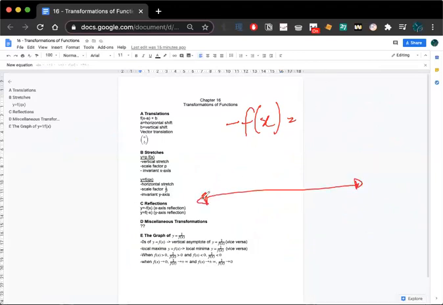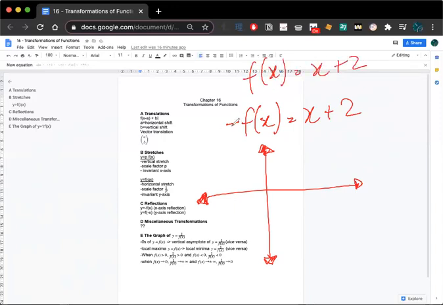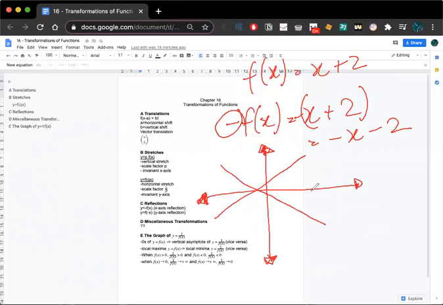So if we have f(x) equals x plus 2, and then you want to add a minus here, it becomes minus (x plus 2), which turns into minus x minus 2. The graph, which originally looks like this, would turn into a reflection in the x-axis.